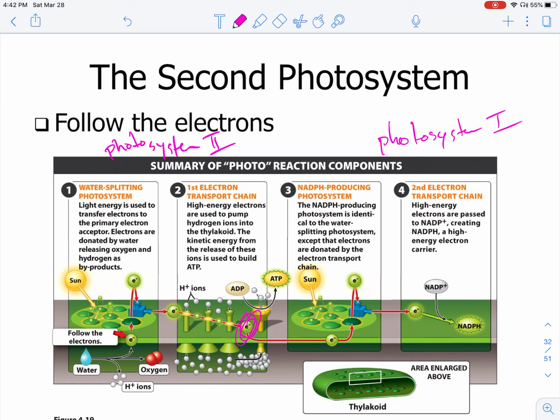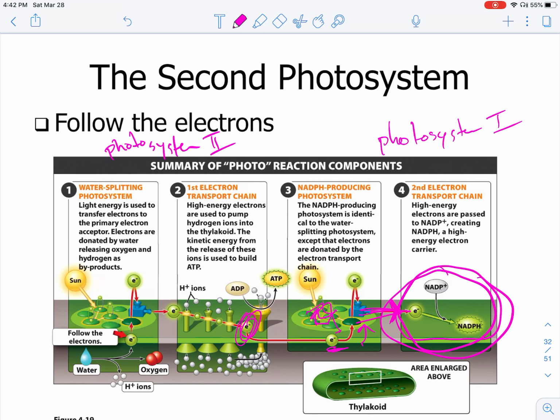And so in photosystem 1, the NADPH producing system, you take this electron. Now, at this point, it's a relatively low energy, and then you reactivate it with the energy of the sun. And so you take this electron, reactivate it, it bounces around just like in photosystem 2 until it hits a chlorophyll A molecule and then it shoots out. Now, in this case, when it shoots out, instead of going to an electron transport chain, it goes to an electron carrier.